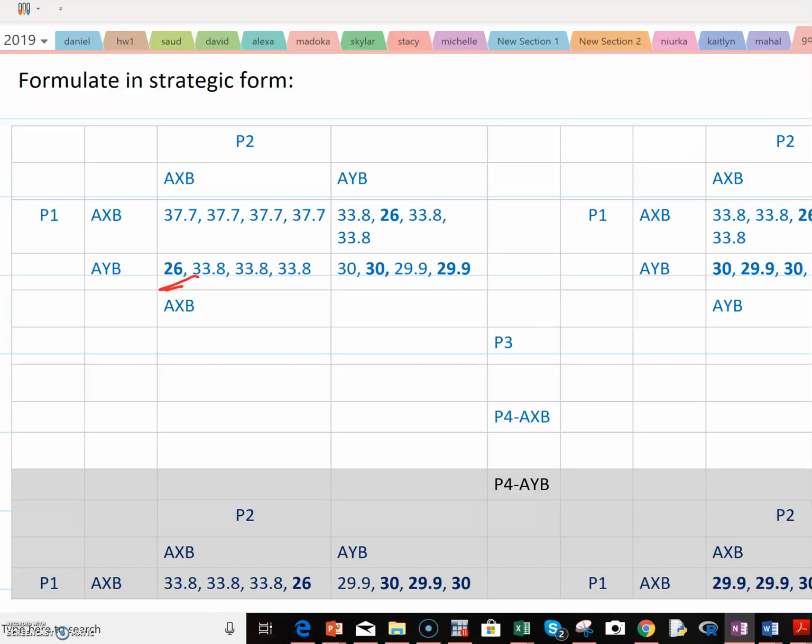The smaller number here is the better. Here between 37 versus 26, player 2 will prefer 26.